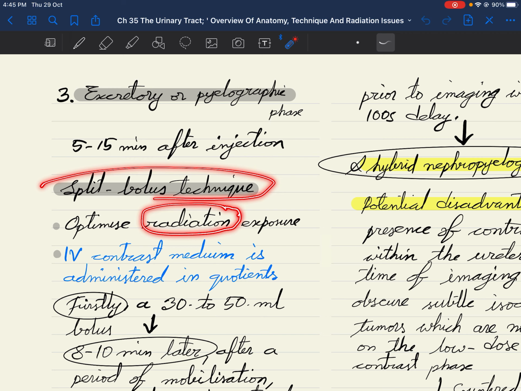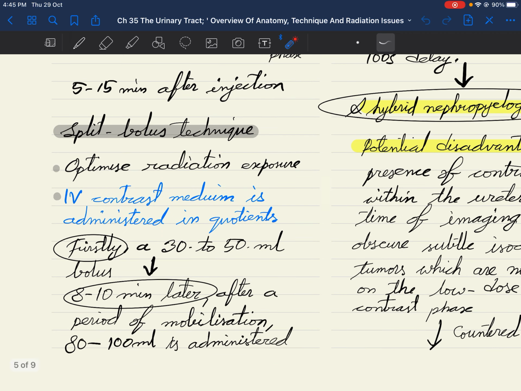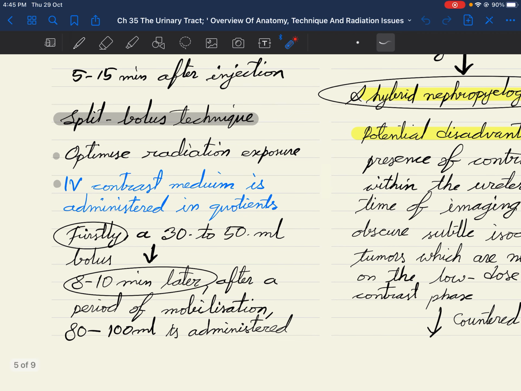The split bolus technique is such a method to reduce the radiation exposure. So here, instead of administering contrast at a continuous rate, we use IV contrast medium in two sessions.